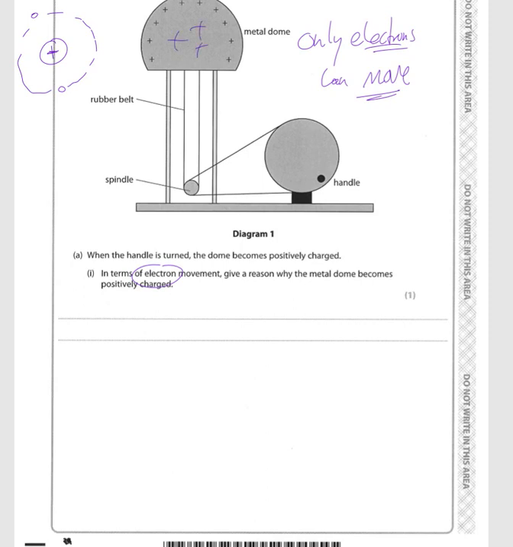It's because electrons move away from the dome. The dome loses electrons, therefore it becomes positively charged, because electrons are negatively charged. That's what happens pretty much.